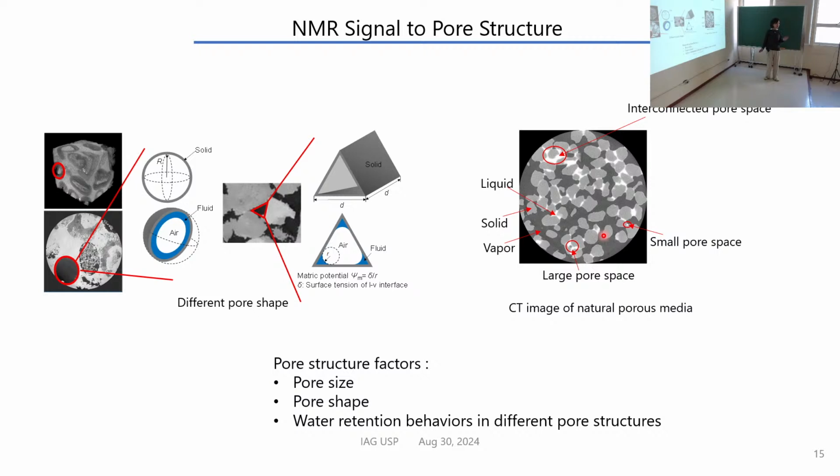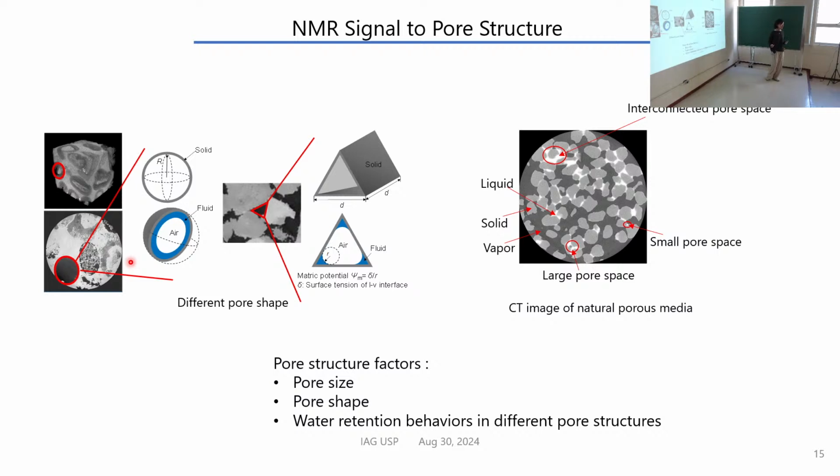This is becoming our routine work, to acquire CT images of the natural porous medium, and to look at the liquid, solid, and vapor phases, how they are distributed in different pore spaces. Starting from here, we construct our realistic pore structure, which is a representation of the pore network. And sometimes we can have some idealized pore structure.